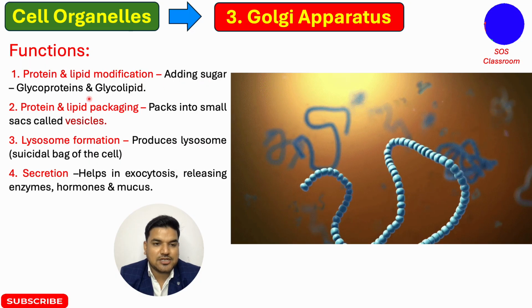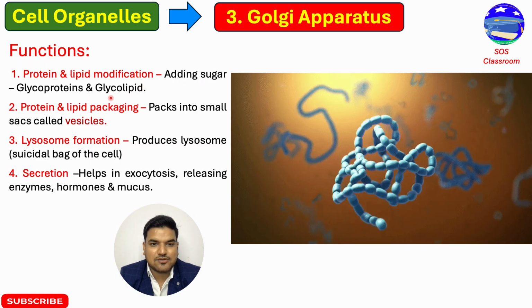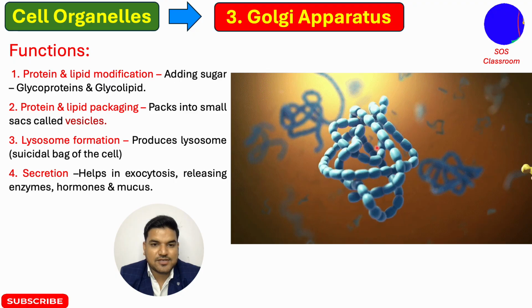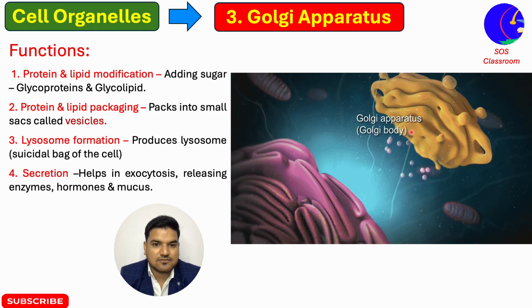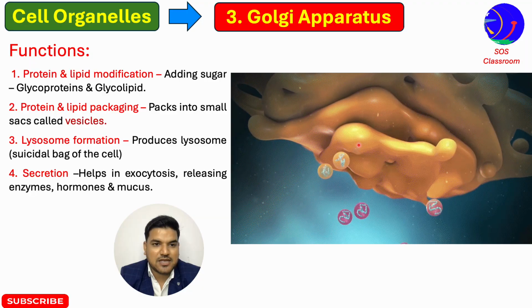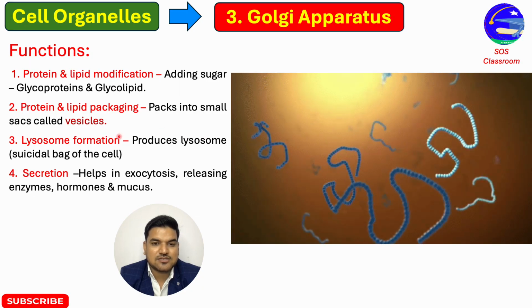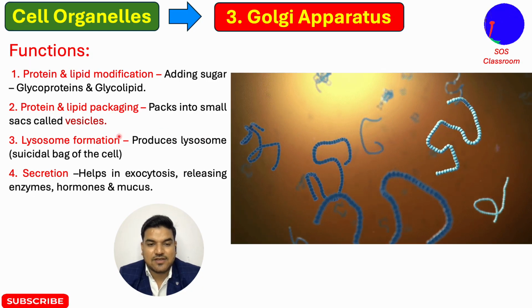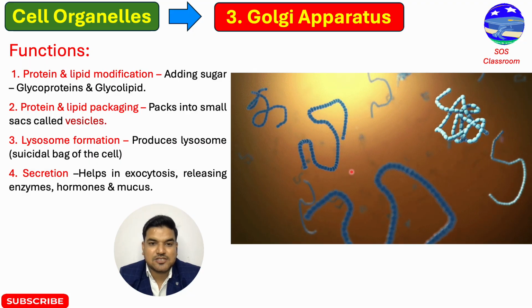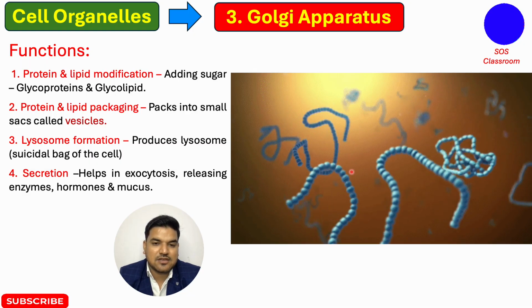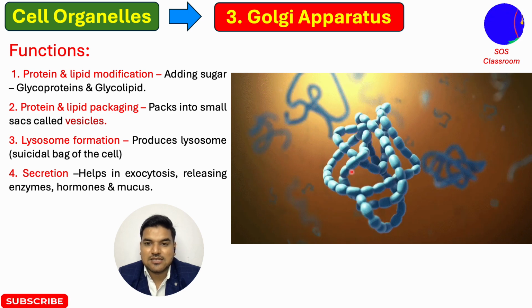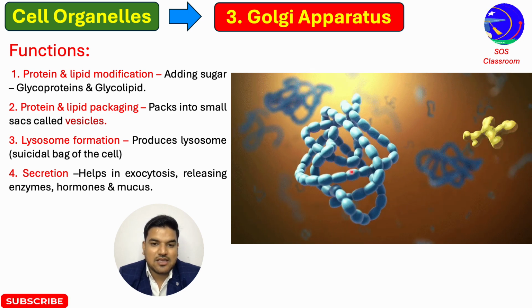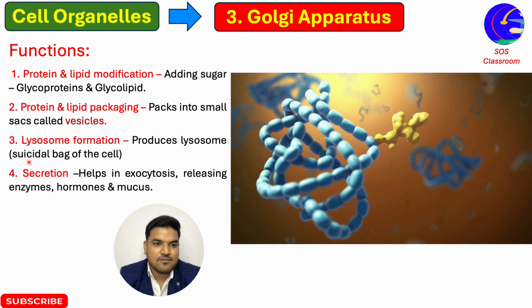Next function is protein and lipid packaging into a small sac called vesicles. The vesicles are released and transferred to the cell membrane, and the cell membrane releases the vesicles toward the extracellular fluid, which is called exocytosis.